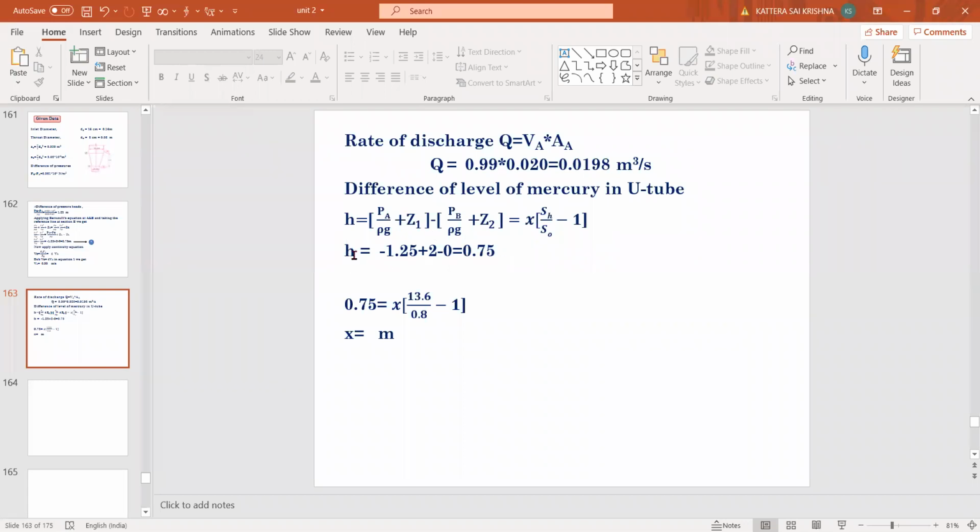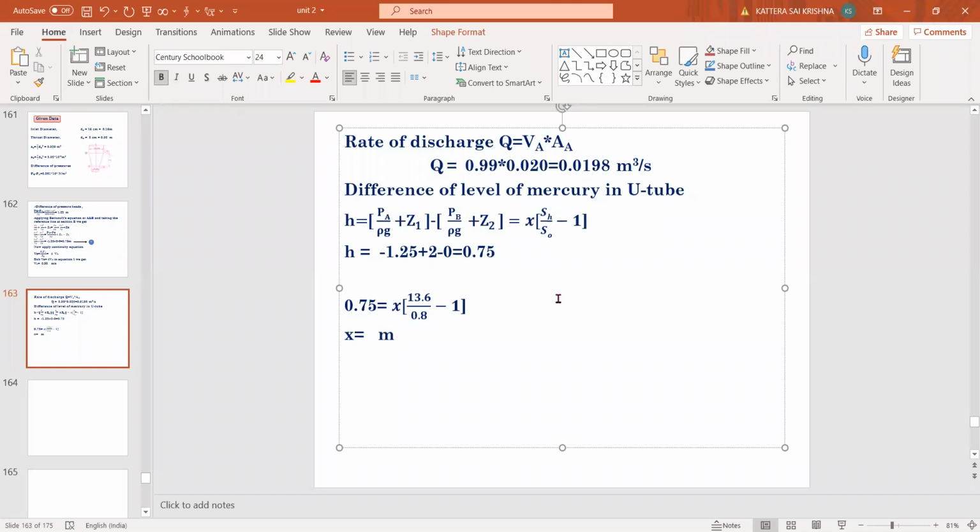Now use the condition H equal to X into SH by S naught minus 1. SH is the manometric fluid; if it is mercury, it is heavier than the oil, so SH is 13.6. S naught is the specific gravity of the flowing fluid, oil, which is 0.8, minus 1.